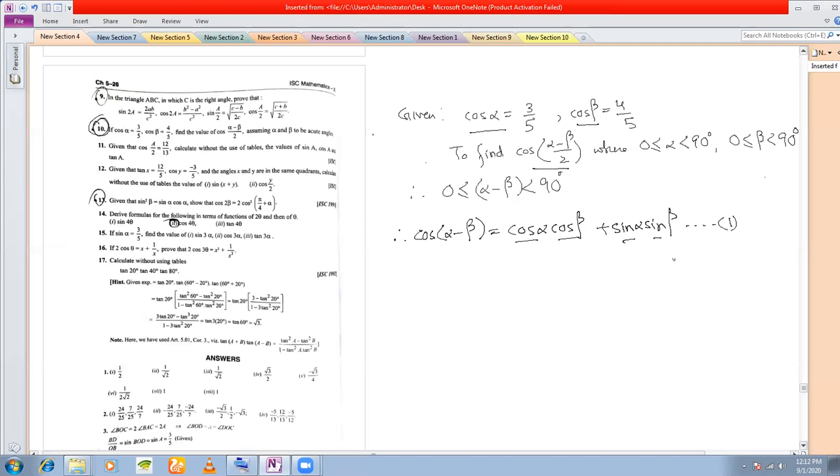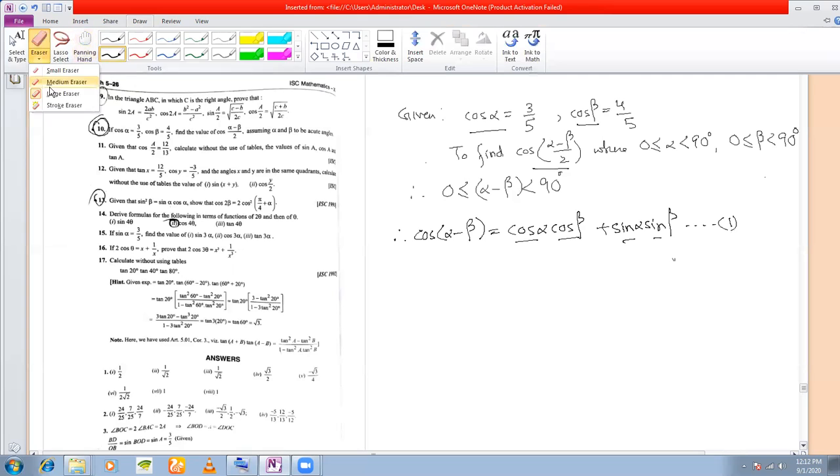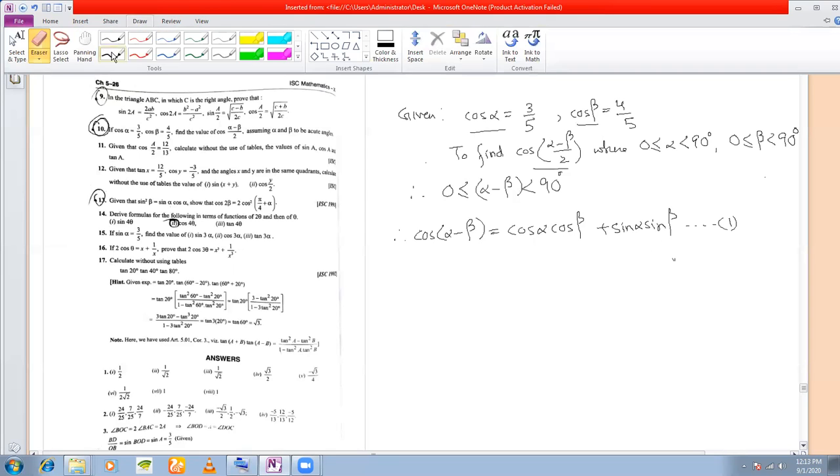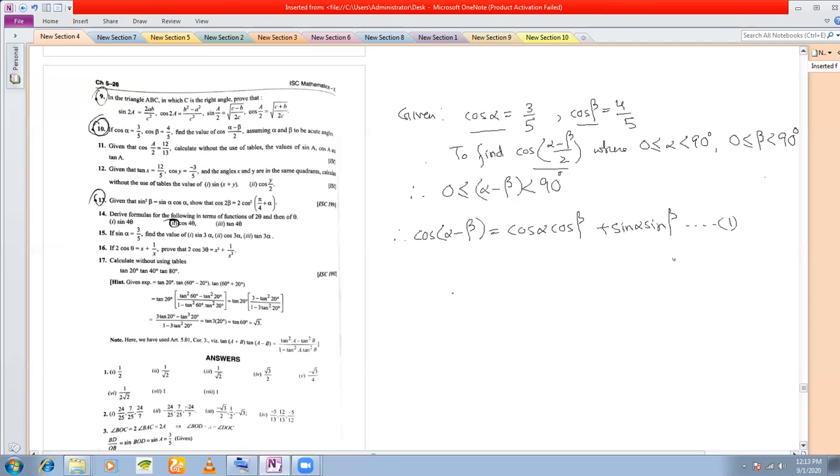Let us call this 1. Fine. So therefore sin alpha is root of 1 minus cos square alpha, or let's say simply 1 minus cos square.